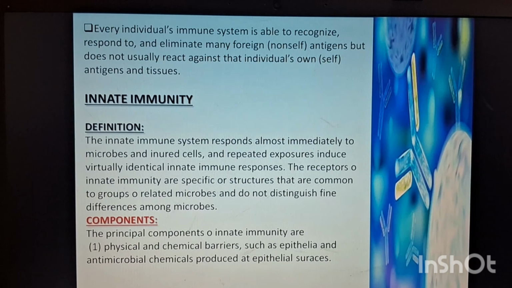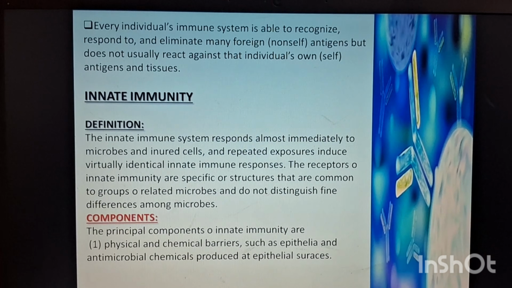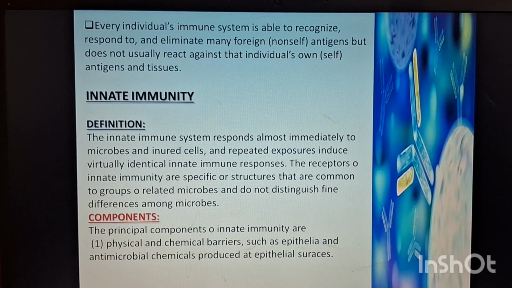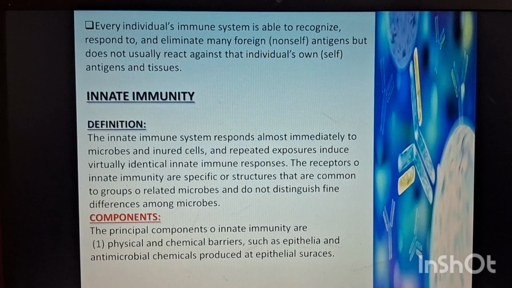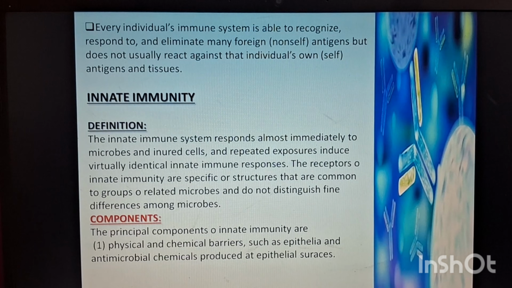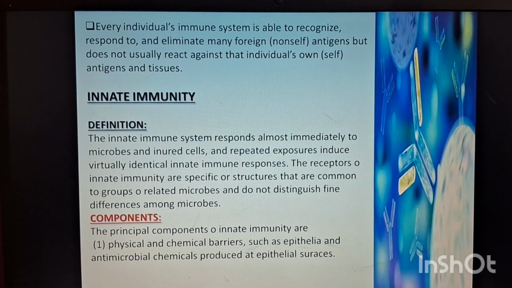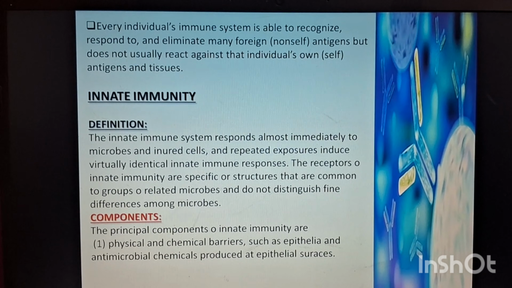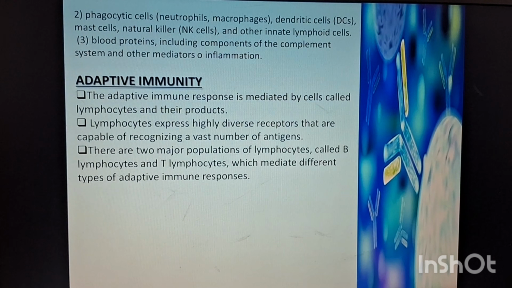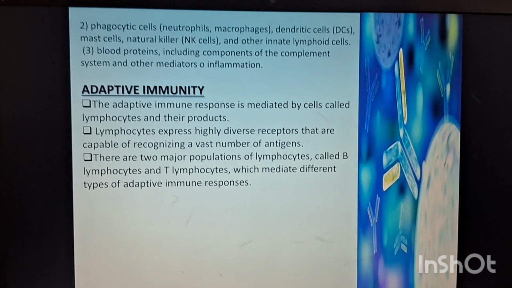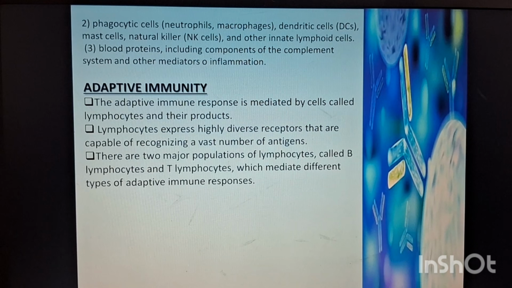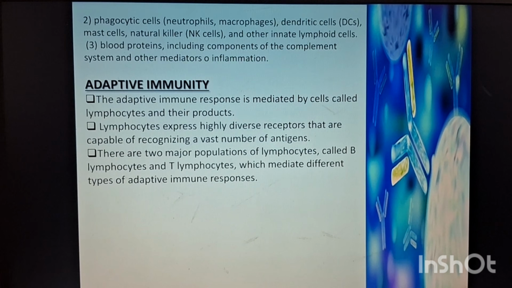Next, components of innate immunity. The principal components of innate immunity are physical and chemical barriers such as epithelial cells and antimicrobial chemicals produced at the epithelial surfaces. Next components are phagocytic cells, that are neutrophils, macrophages and dendritic cells, that is the DCs.